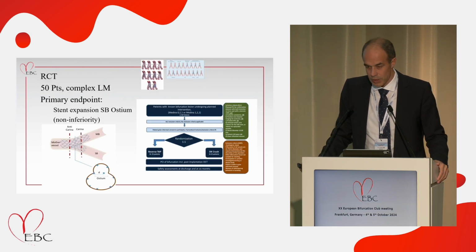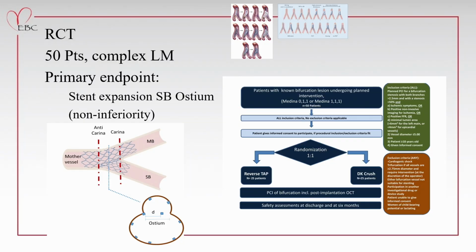In order to compare formally the two techniques, I tried to run a randomized controlled trial comparing the DK crush with this reverse TAP technique. I hypothesized that a non-inferiority trial would be the appropriate design because the idea was that the reverse TAP technique is an easier one, and therefore the need of a non-inferiority trial in terms of endpoint as compared to a superiority trial.